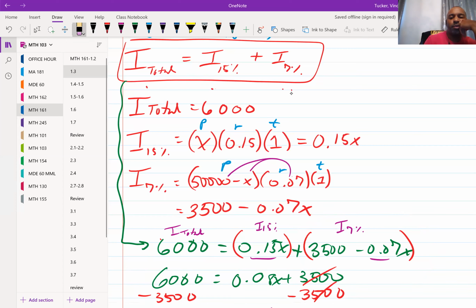I didn't need these parentheses here, but I just put them to signify the pieces. Any questions before we start moving forward? Make sure we're okay.